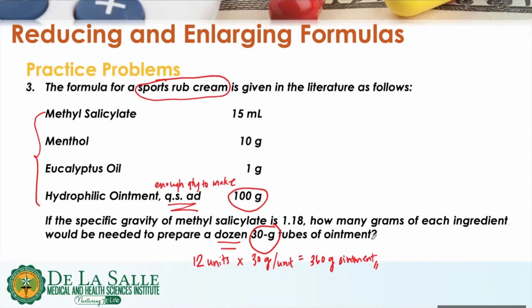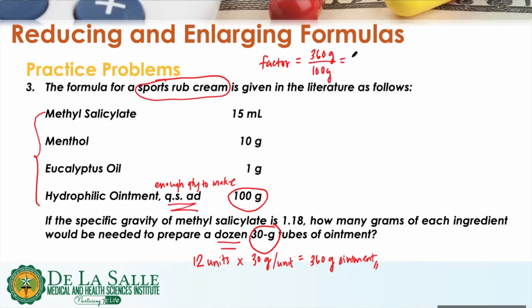Let's use the factor method this time. For the factor method, remember that the factor is equal to the quantity required over the quantity given. So the quantity required is 360 grams, and the quantity that is given is 100 grams.